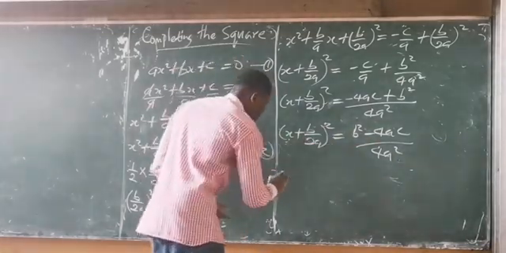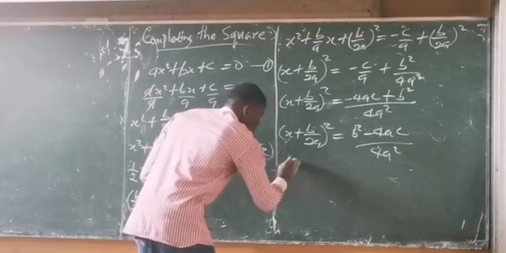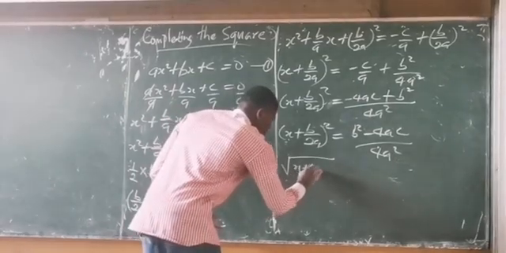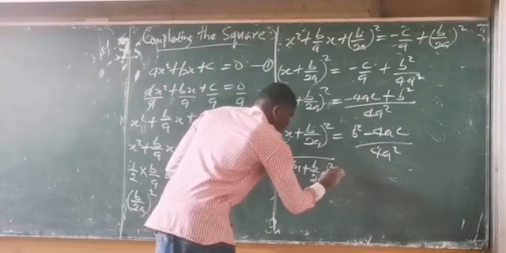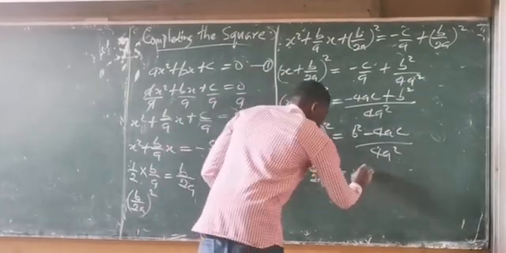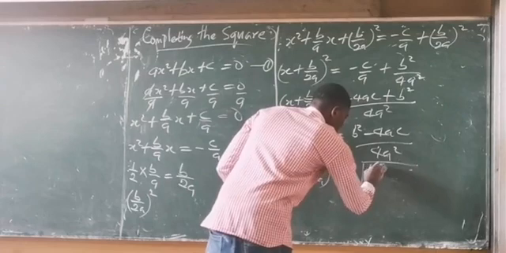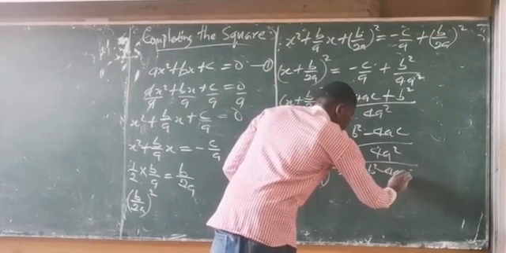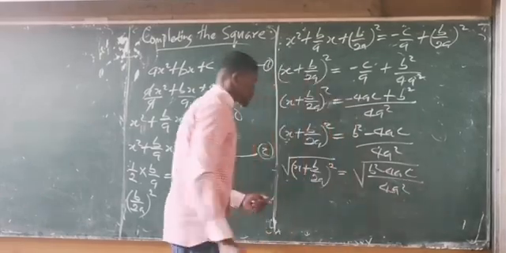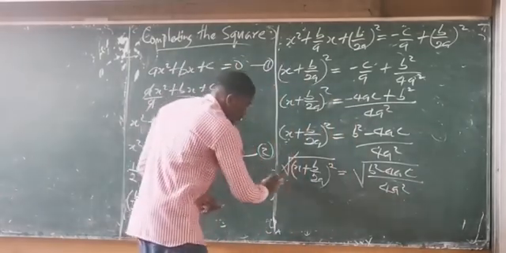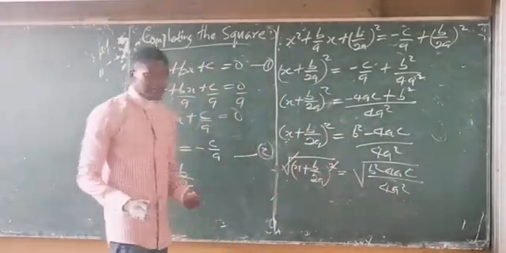If that's done, you have square root of x plus b over 2a all squared equal to the square root of b squared minus 4ac all over 4a squared. Of course, this square root cancels out this square.